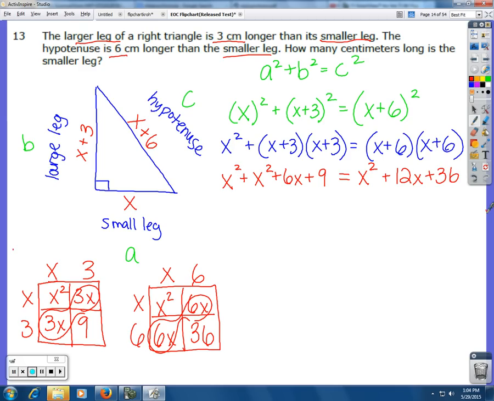Again, I'm trying to solve a quadratic without using my calculator. So that means I need to get all my information over to the left side so I can set it equal to 0. Then I'll be able to factor to solve. The first thing I'm going to do is combine any like terms that I see on either side. On the left side I have an x squared and I also have another x squared, so that's going to be 2x squared.